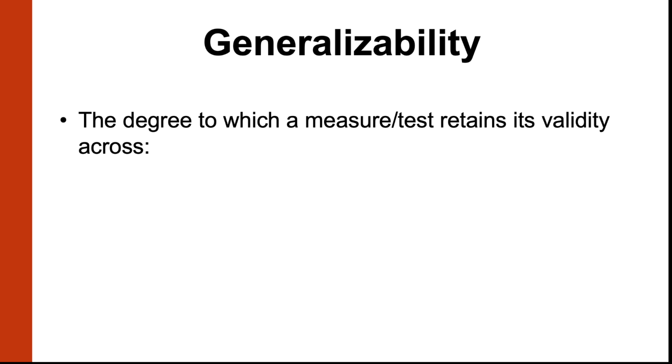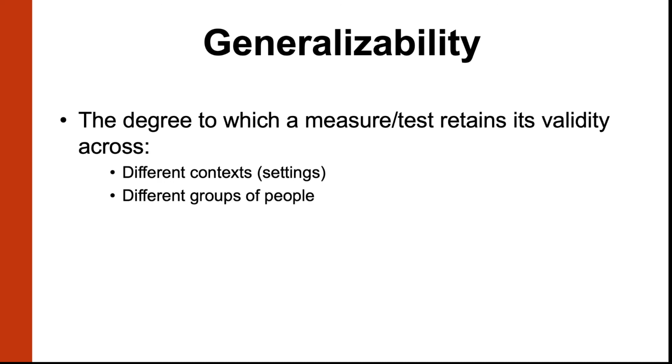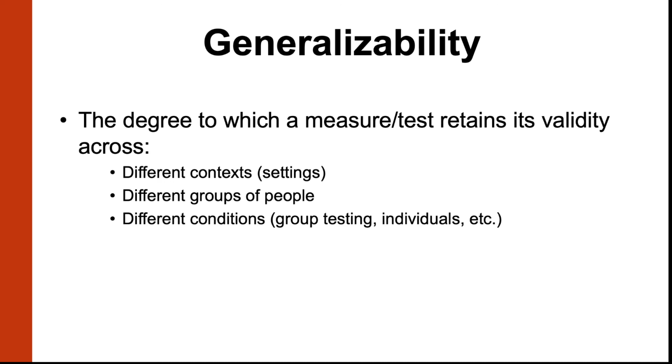So overall, generalizability refers to the degree to which a measure, a construct measure, or a research study is valid across different contexts or settings, and that could be different parts of the country, that could be in a lab setting versus a real-world setting, for different groups of people, people that are middle-aged versus children versus teenagers, people of different cultural backgrounds.